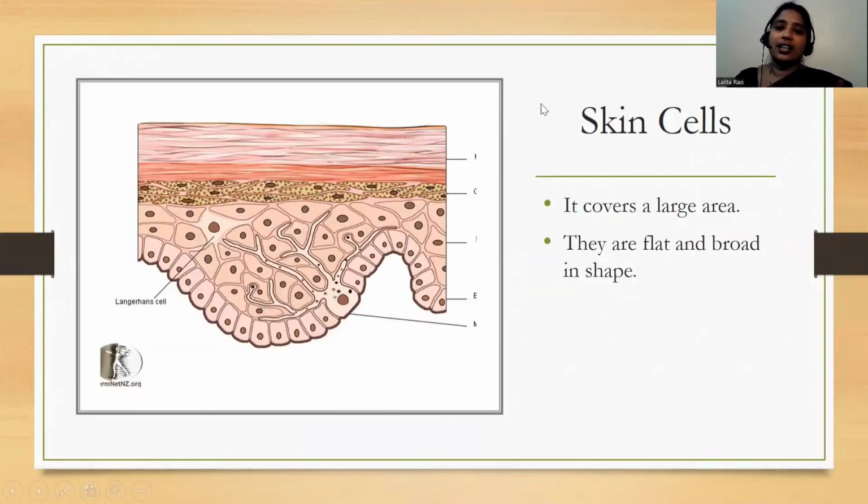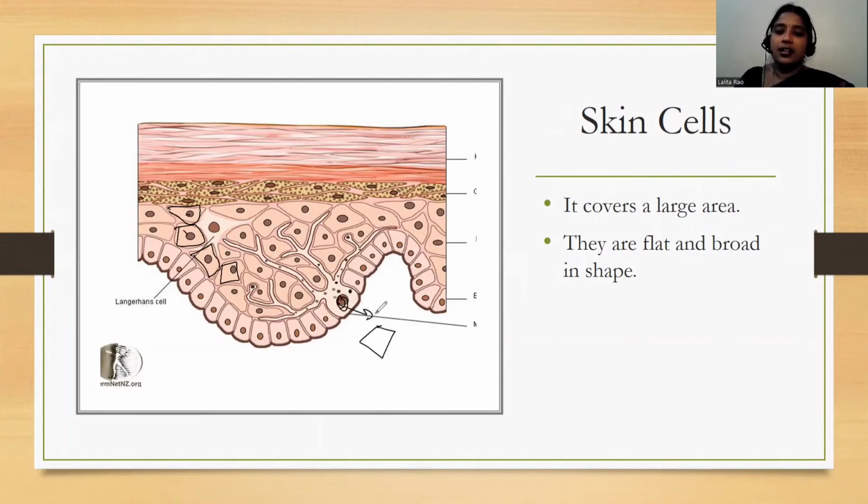Now, the next one is the skin cell. As you can see, it is polygonal in shape. What do we mean by polygon? A polygon means a closed figure that has more than two sides. So this is polygonal in shape. What does it have at the center?